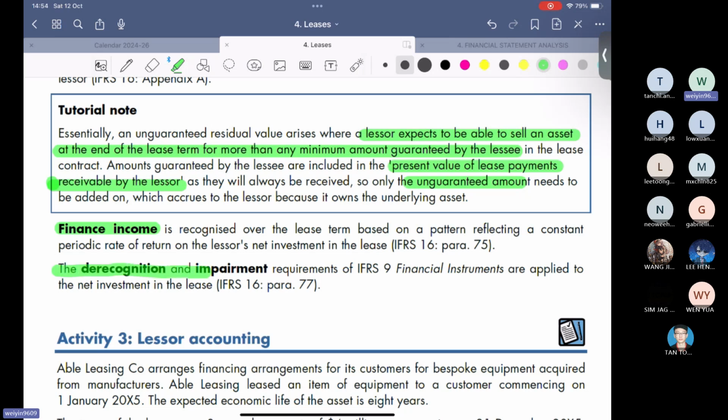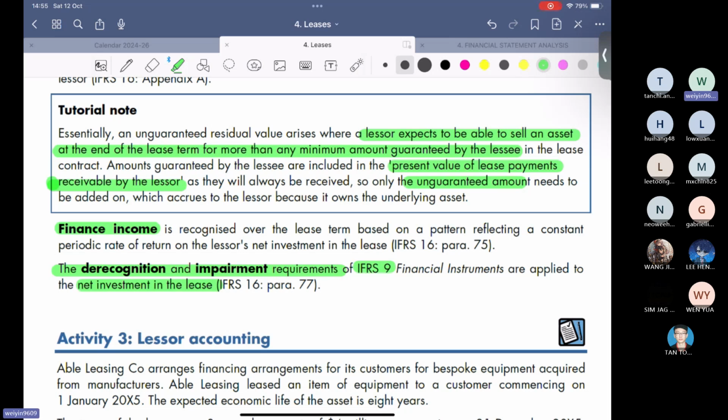And the derecognition and impairment requirements of IFRS 9 are applied to the net investment in the lease. That means when it comes to year 4, the lessee makes a payment to you, so it is derecognized, either fully paid or not yet received.